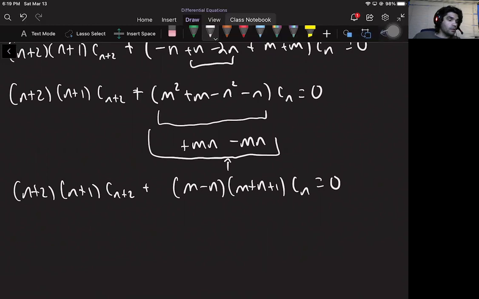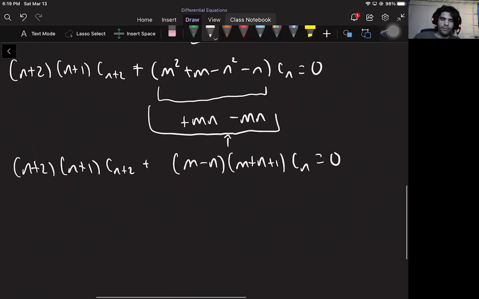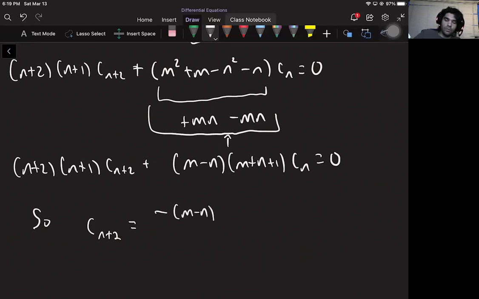And now the next goal is to write the future term in terms of the previous term. So we're almost to that point. You just have to subtract this piece over and divide by this piece.